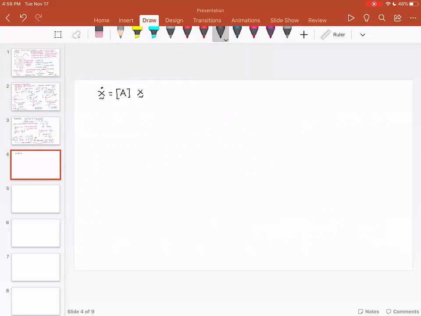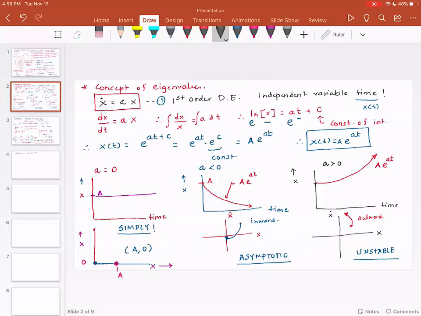Now I want to solve this expression. But it's actually simple. In the previous case, we had an exponent, we took the exponent of the scalar quantity.